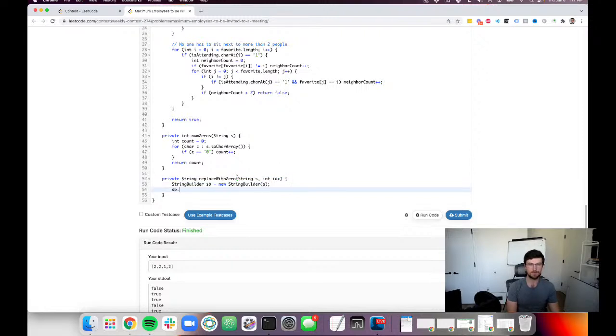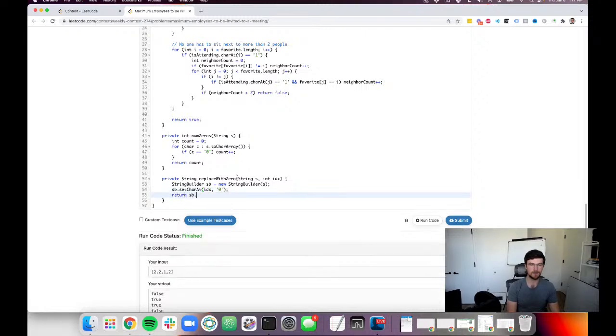So SB dot, I think it's setCharAt, index, 0, and return sb.toString().